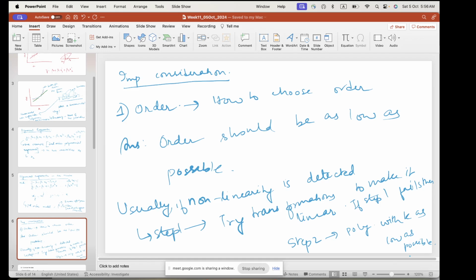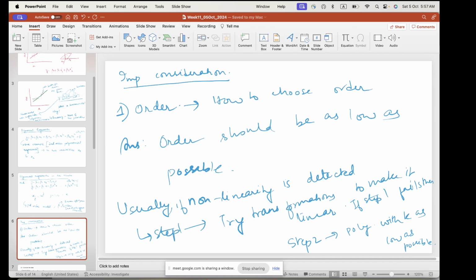But if we fit such a model, that will not necessarily be a good predictor. That will tend to overfit the data, and we don't want that. We want a regression equation which is fairly generalizable. So that is the reason why too high an order is not recommended.